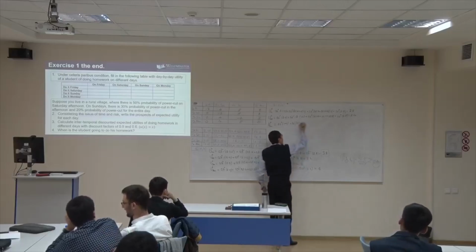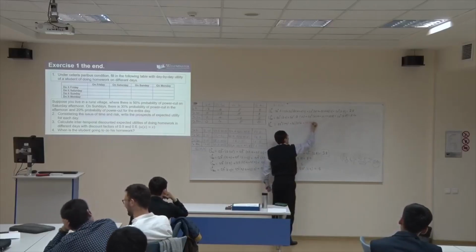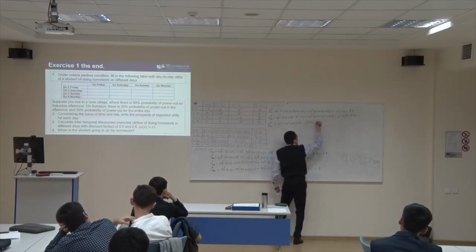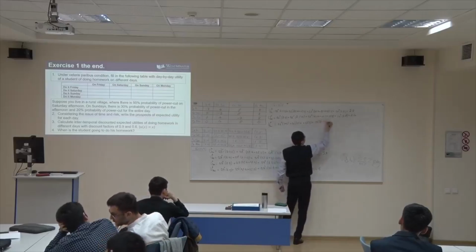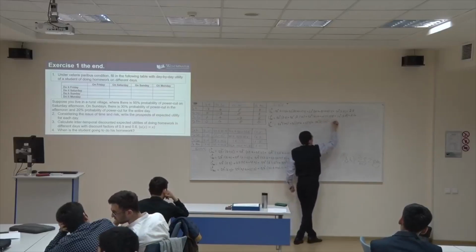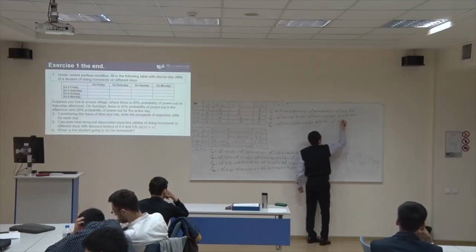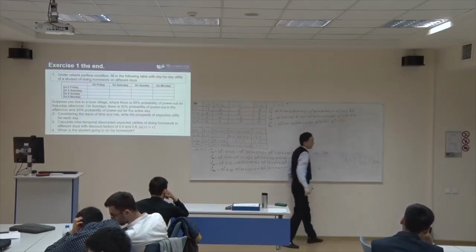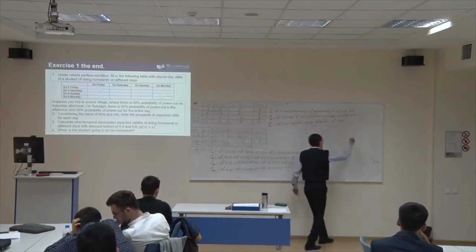Plus 50% probability of 0 plus, and now it's on Sunday, 0.6 in the power of 2 times 100% probability of minus 2 plus 0.6 cubed times 100% probability of 8. If you calculate this one, it will give you a number which is equal to 2.2.